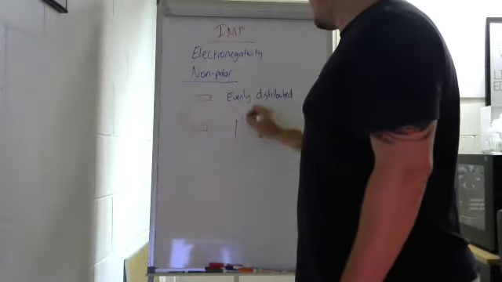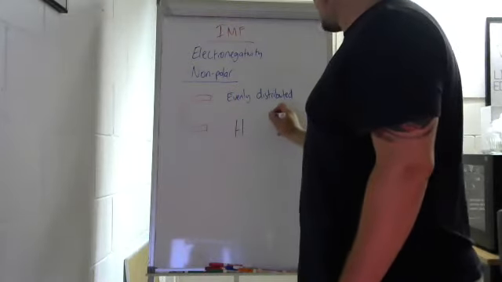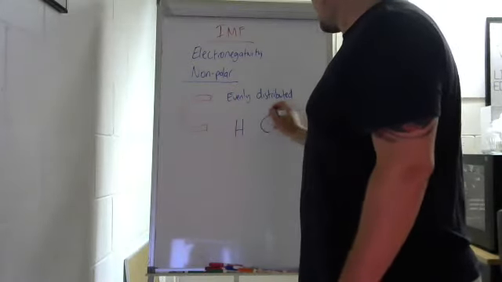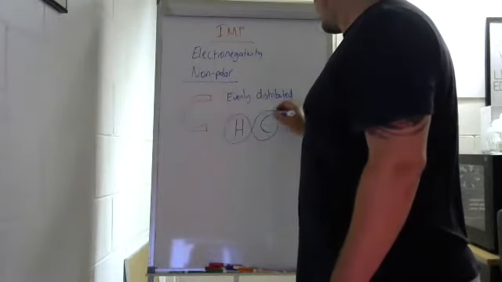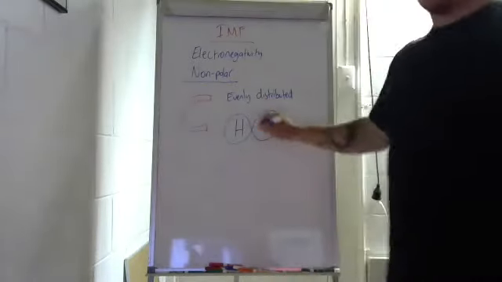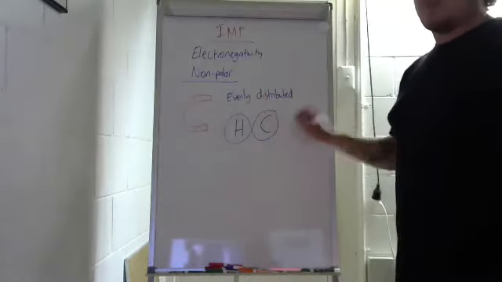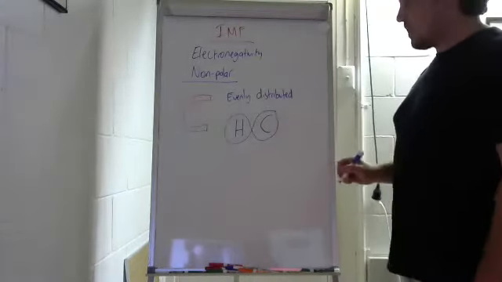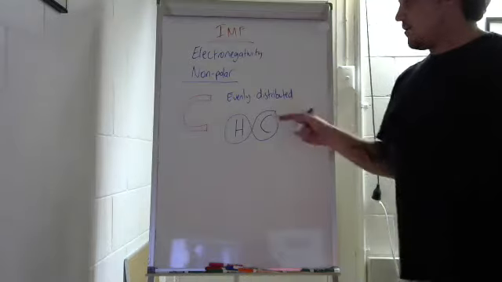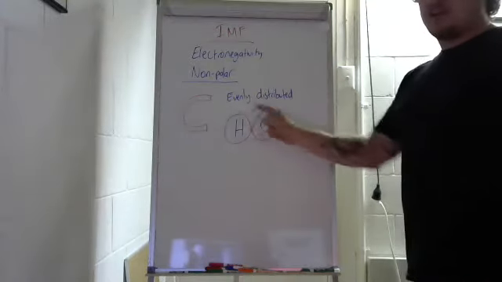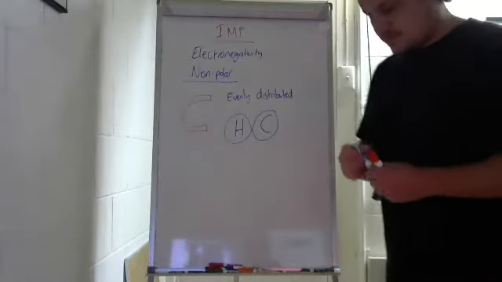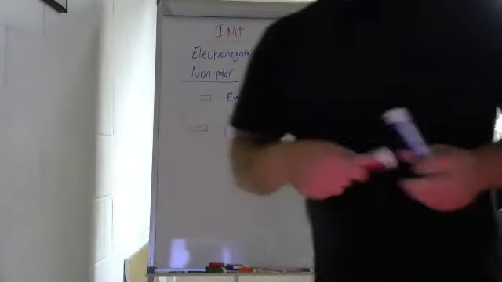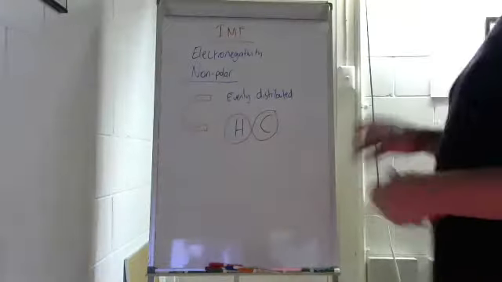Or if we have hydrogen bound to carbon, the electrons are evenly distributed around this molecule here, meaning there is no permanent charge on either end.